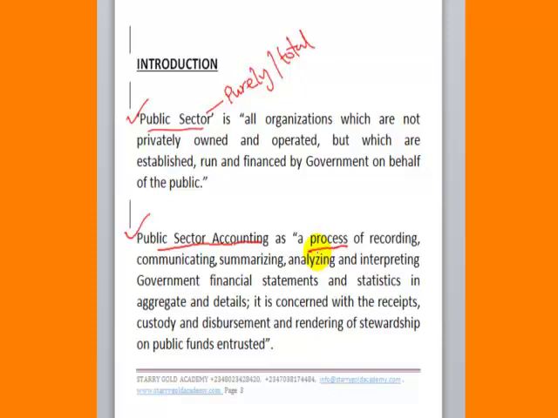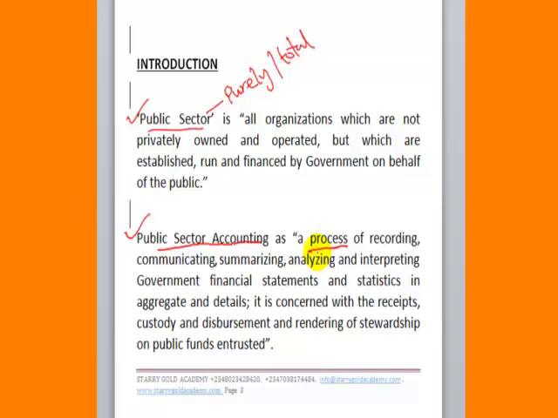That is how another philosopher sees public sector accounting. He sees it as a study of how the records of income, expenditure, and other related financial transactions of an individual, corporate organization, and government are being kept.